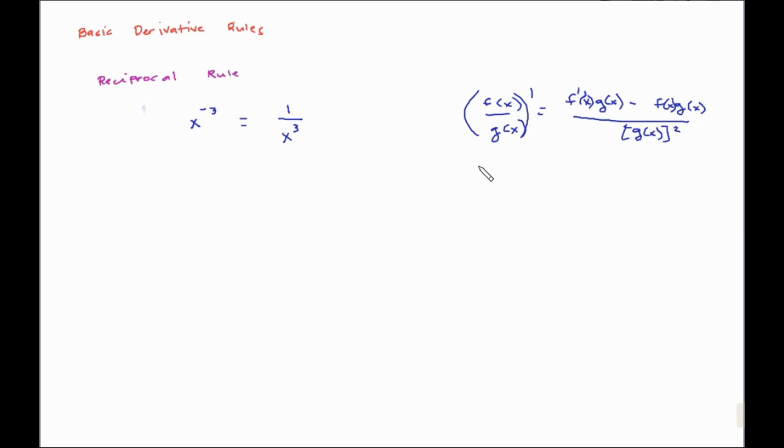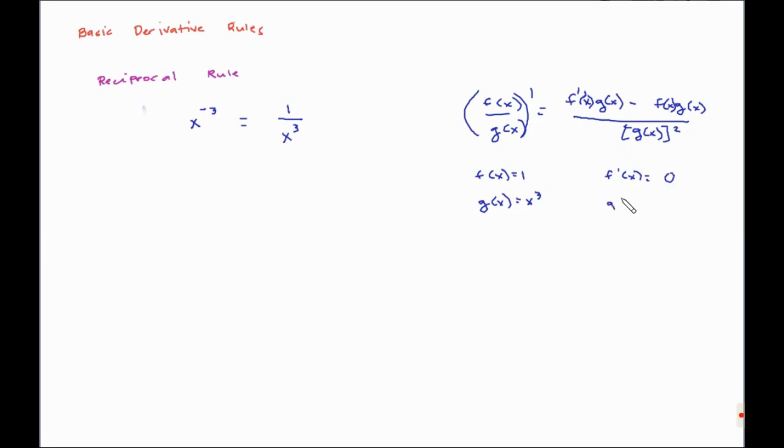Di ba, mangyayari lang naman, ang f of x mo ay 1, tapos ang g of x mo ay x cube. Naku, lalo siyang bumabagal. And then, for f prime of x, mawala na siya. 0 na lang siya kasi constant siya eh.